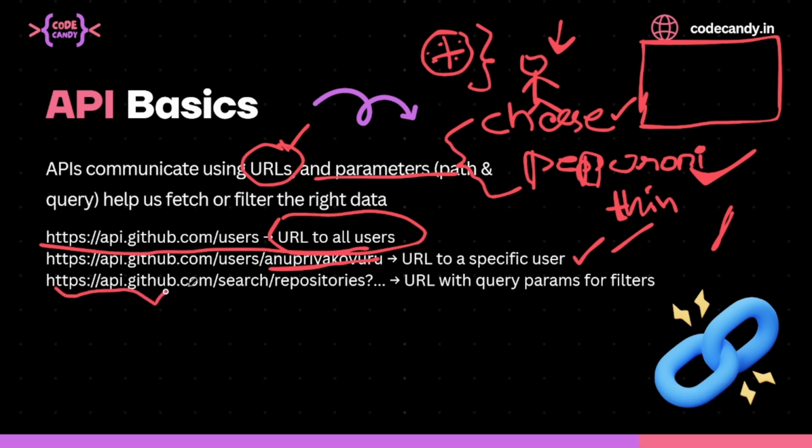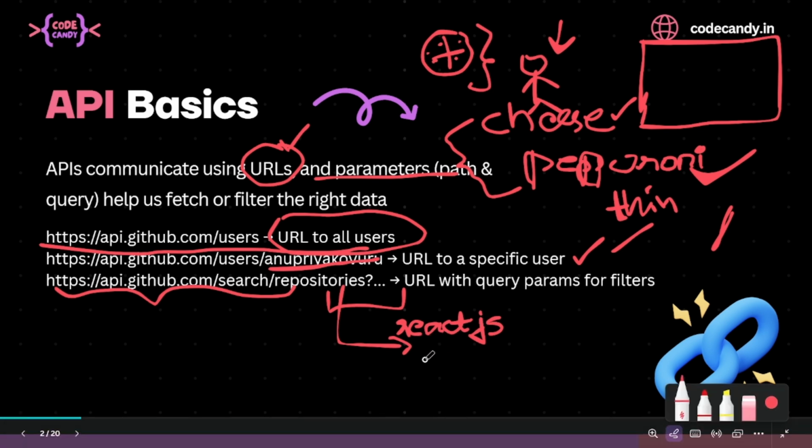Suppose in this URL, if I say any repositories for React.js, now in these repositories, I may have anything like React, Next.js, Vue.js, API and all.